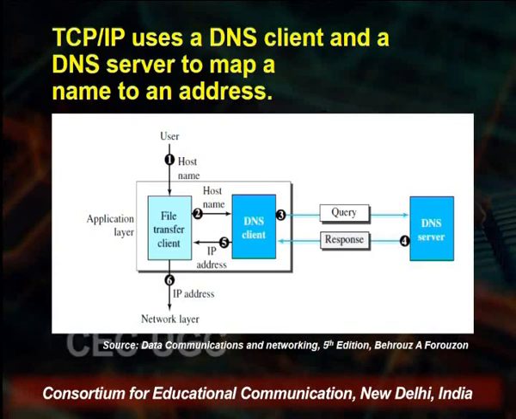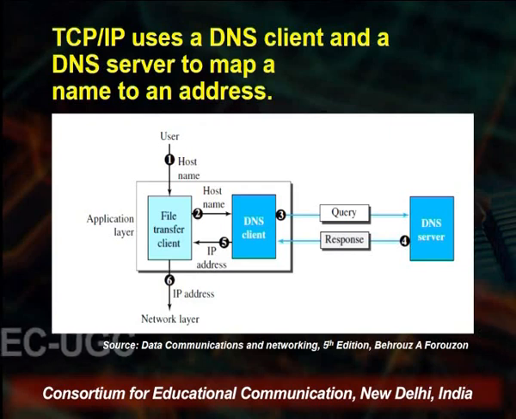The DNS server will look for the mapping in its directory and send back the response. What is the response? The response will be an IP address corresponding to the host name. This response which now reaches the DNS client is the IP address, and the DNS client then sends the IP address to the file transfer client.